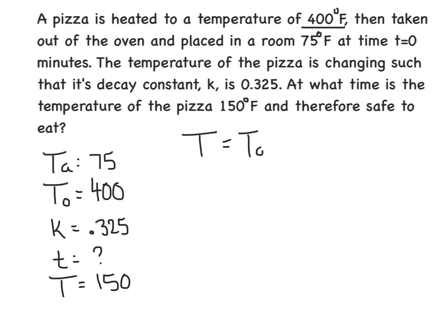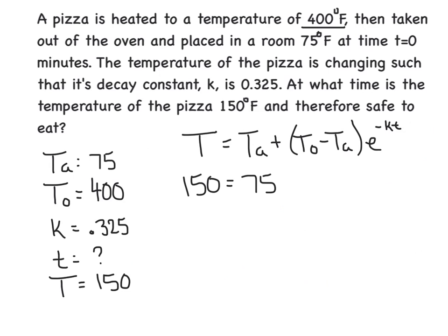T sub A plus the quantity T sub 0 minus T sub A. I haven't used this formula too much, and I'm already starting to get the hang of it and get it memorized. So we have 150 here, the ambient temperature, and then 400 minus 75, and this would be e raised to the negative 0.325 lowercase t power.